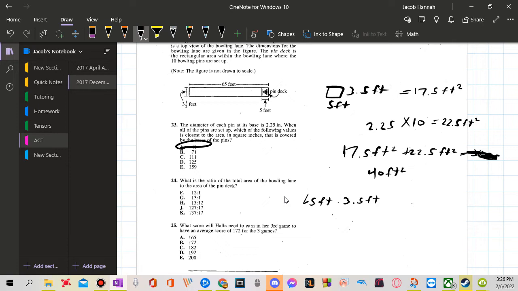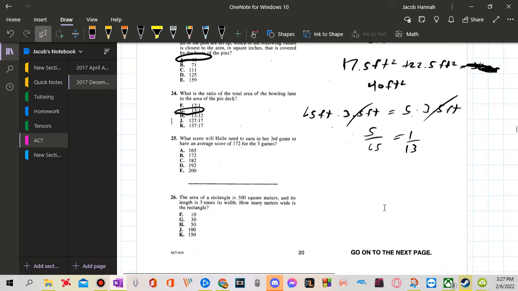And you could do some math like this. 5 times 3.5 feet. These cancel out. 5 over 65 is 1 over 13. And that's G. So that's a kind of fast way to go about it, so you don't have to waste time picking up your calculator and typing that in, even though that's a fast process, but every little second counts.